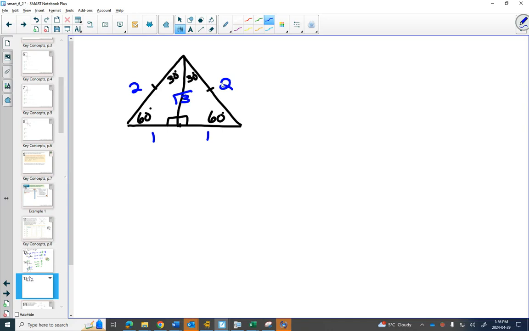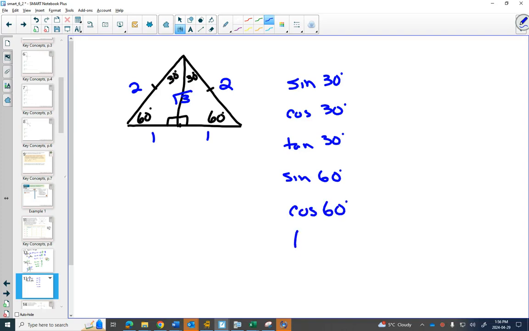And so now we can do sine of 30 degrees, cos of 30 degrees, and tan of 30 degrees without our calculator. Sine of 60 degrees, cos of 60 degrees, and tan of 60 degrees. We can do all of these without our calculator. Because if I go to 30 degrees, SOHCAHTOA, sine says it's opposite over hypotenuse.